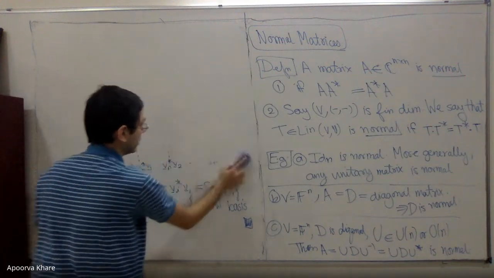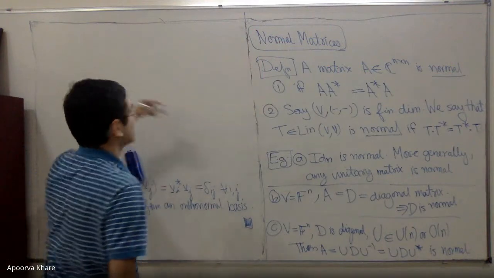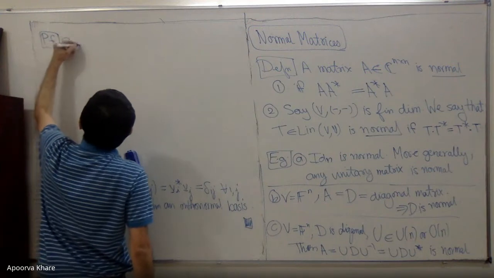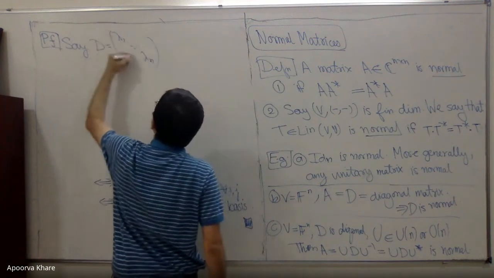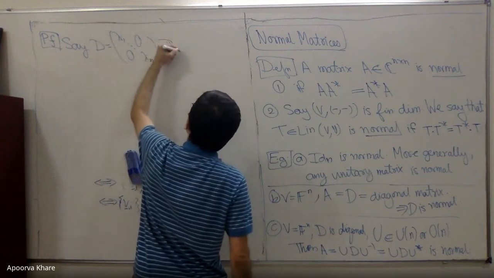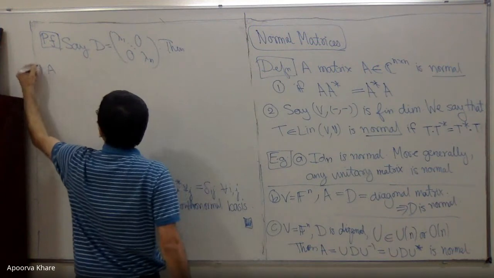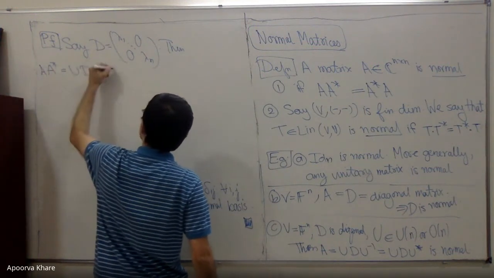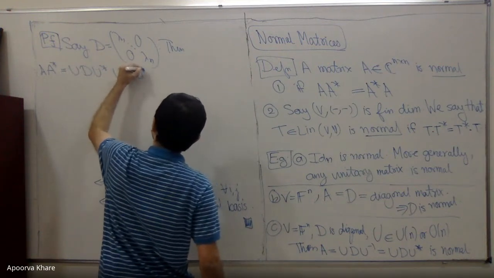We're almost at the end. Proof. I just have to check that A A star and A star A are equal. Let's say D is diag(lambda 1, ..., lambda n). Then A A star is U D U star U D star U star.